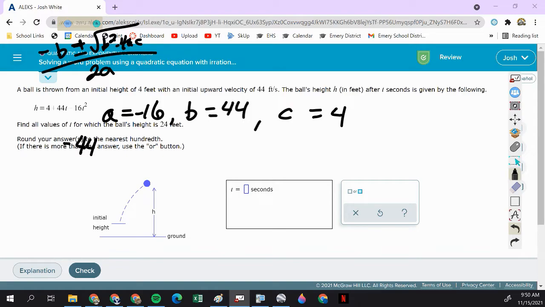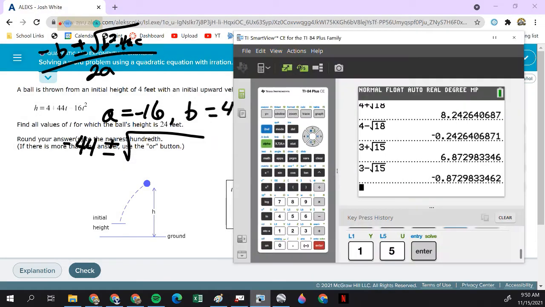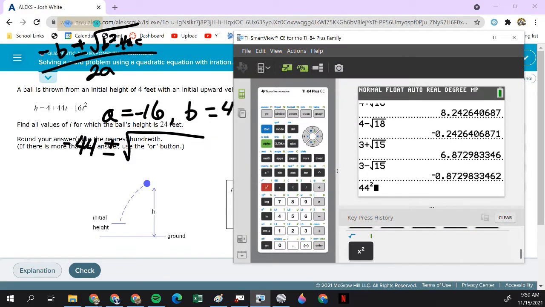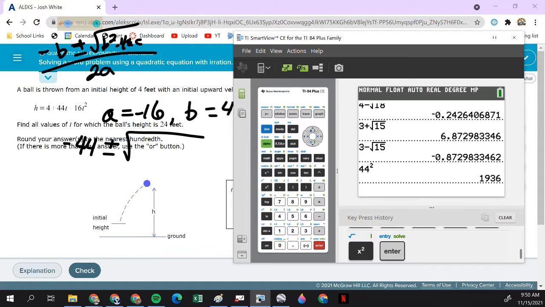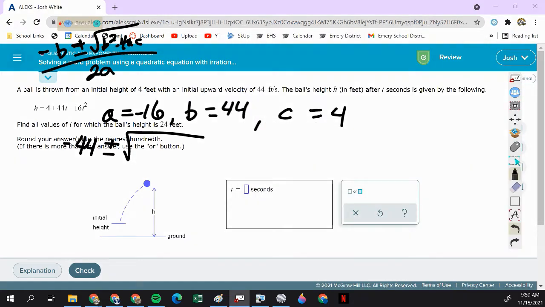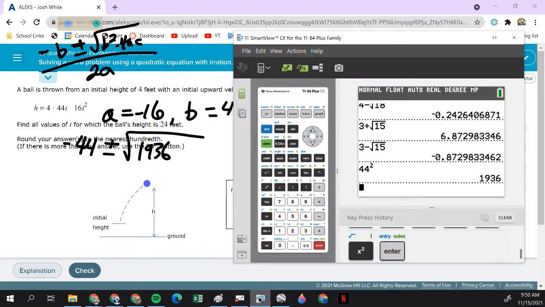So negative 44 plus or minus the square root of b squared. I don't know what that is. So 44 squared is 1936. And then negative 4 times negative 16 times 4. Plug that into your calculator.